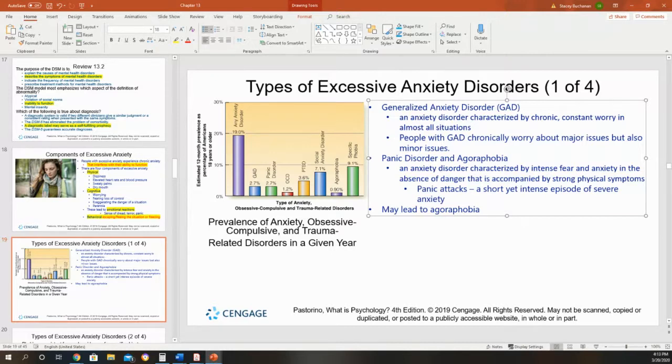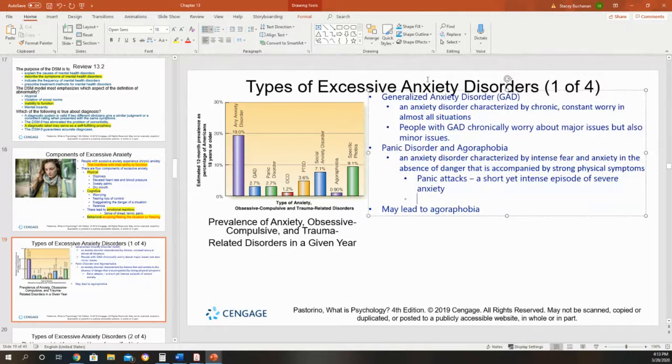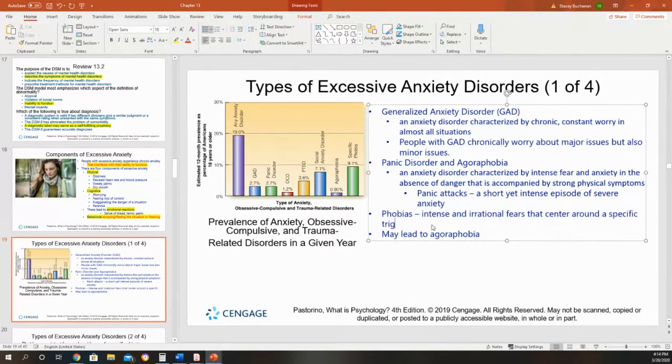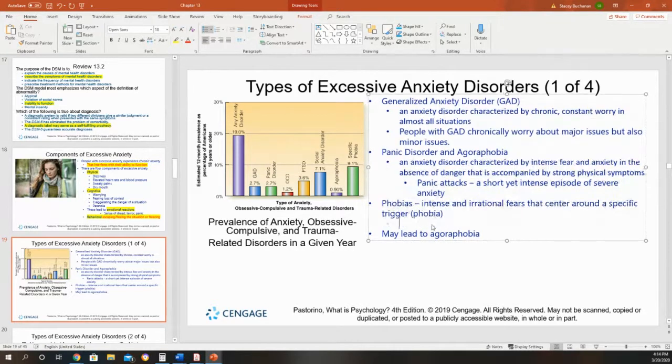And then phobias. Phobias you've probably heard of. So, throw that one right here. So these are intense and irrational fears that center around a specific trigger or phobia of something. So that might be a couple of them.